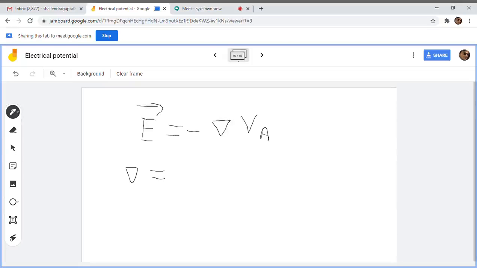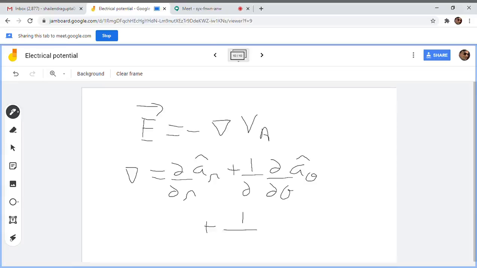Let me give you that formula. In the spherical coordinate system, it is written as del by del r ar, plus 1 by r del by del theta a theta, plus 1 by r sin theta del by del phi a phi. This is in the spherical coordinate system.